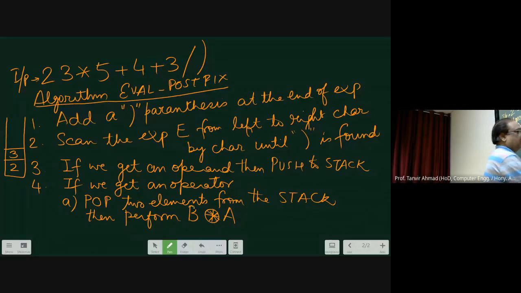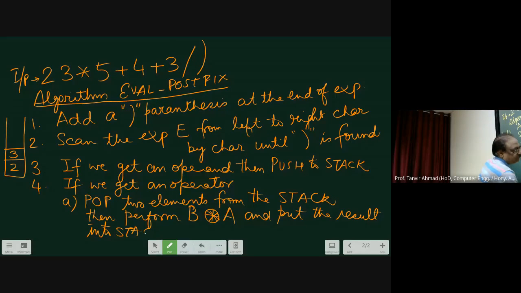Now this is one. I'll pop 2 elements from the stack, then perform this operation B into A and put the result into the stack.